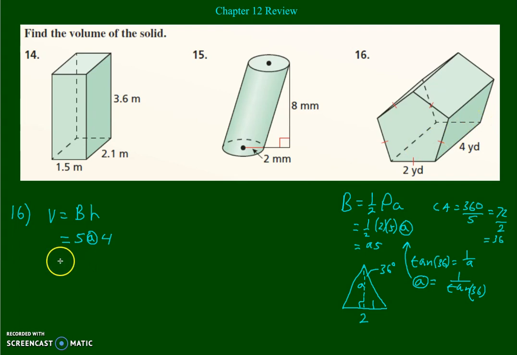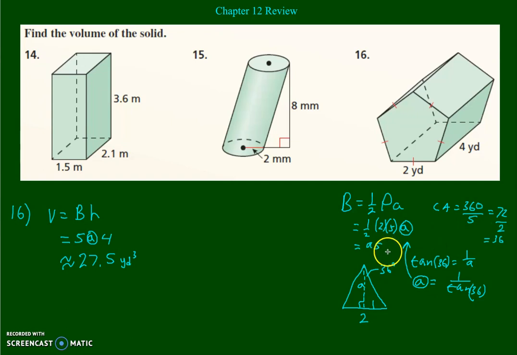If we put that into our calculator now using this stored value for the apothem, we get approximately 27.5 cubic yards. So altogether not a terrible problem, but again, very important to organize your work so that you can follow the flow and you don't get lost.